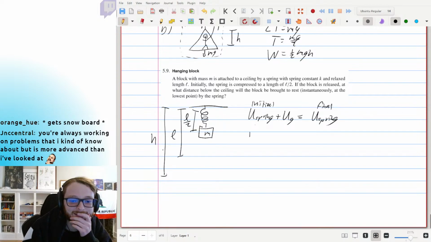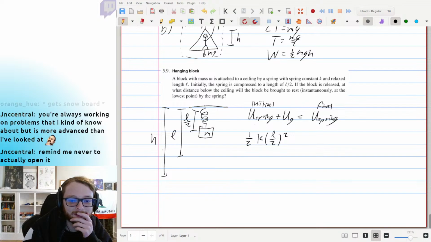Okay, potential energy of the spring, 1/2 k (L/2) squared as normal.